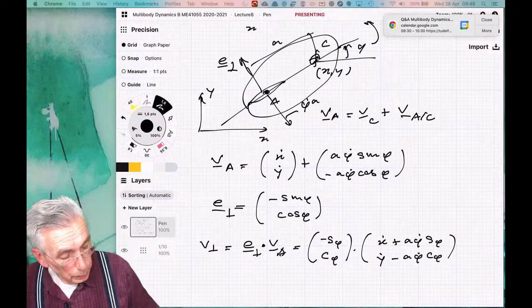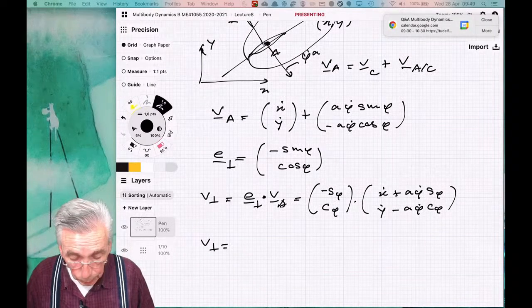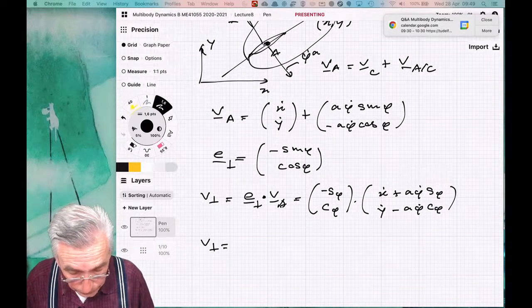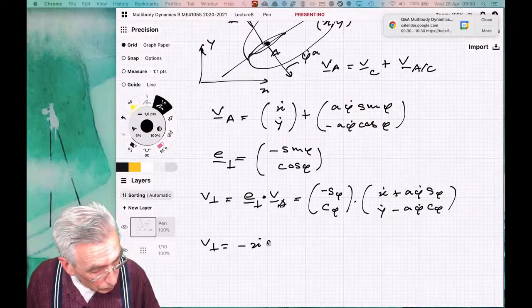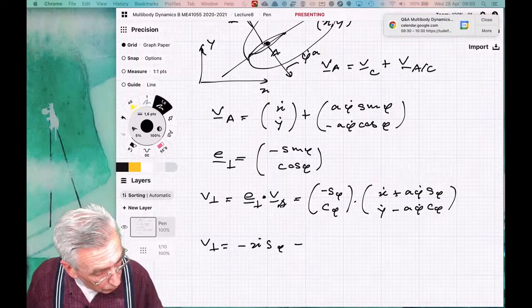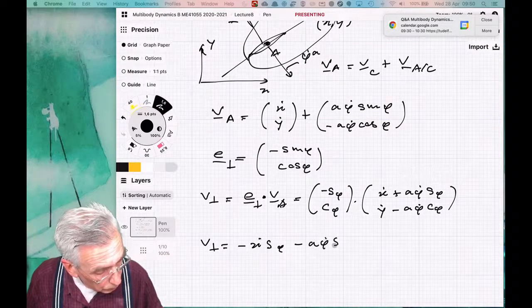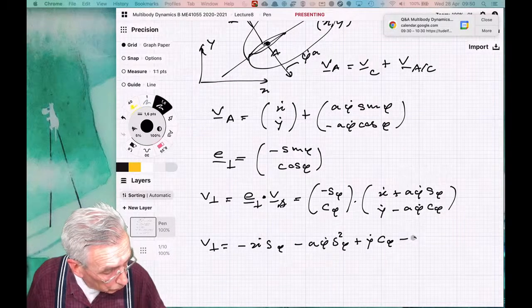Well, then we have to multiply this out, and we get V perpendicular is minus x dot sine phi minus a phi dot sine squared phi plus y dot cosine phi minus a phi dot cosine squared.